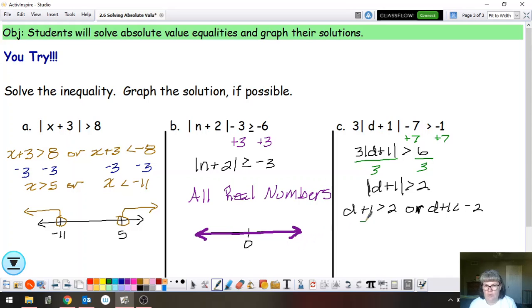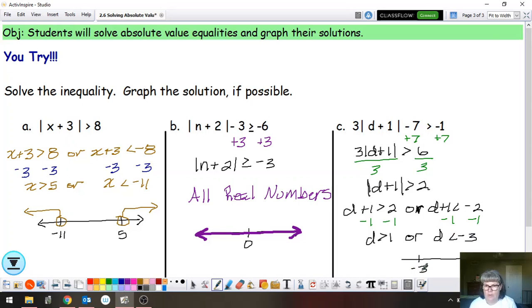Solve each inequality. And we have D is greater than 1, or D is less than negative 3.